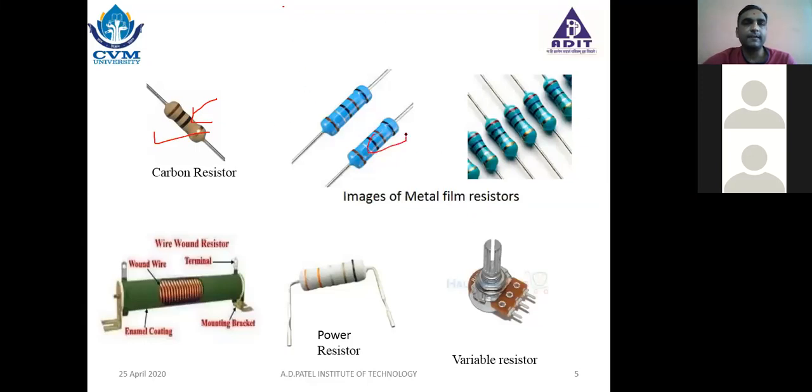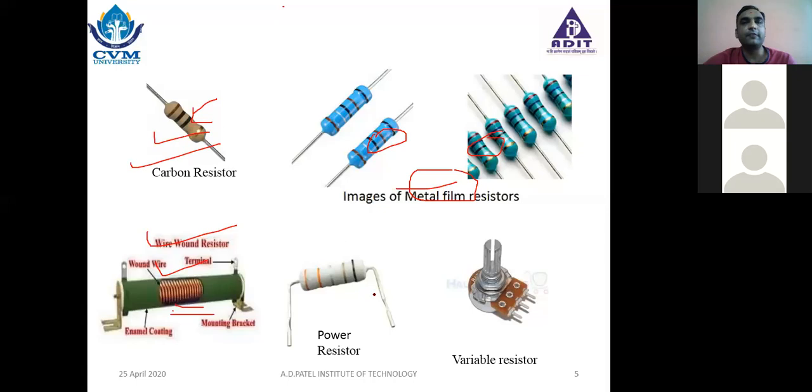There are metal films on the resistive material, as you can see over here. Another is the wire wound resistor, which is used for high power applications. Metal film resistors offer high resistance, that is the main application. Carbon resistors go up to a few mega ohms. Wire wound resistors are mainly used for high power applications.